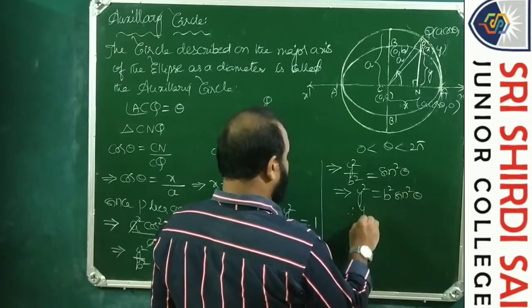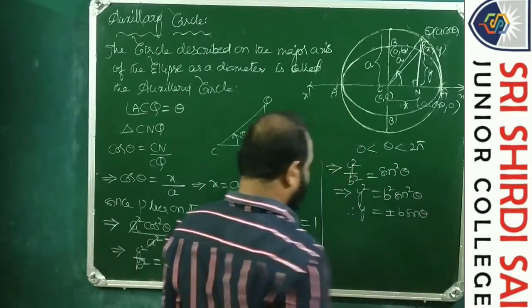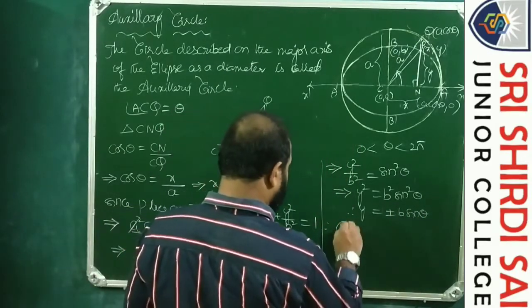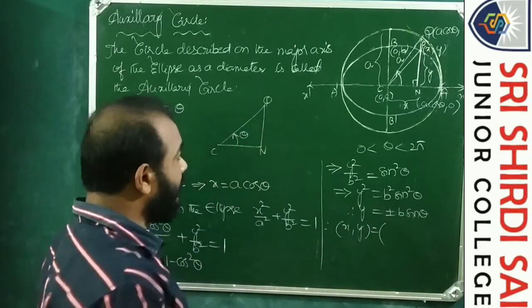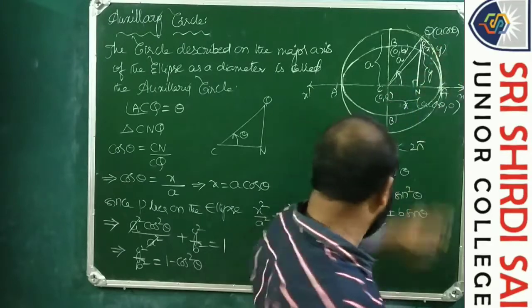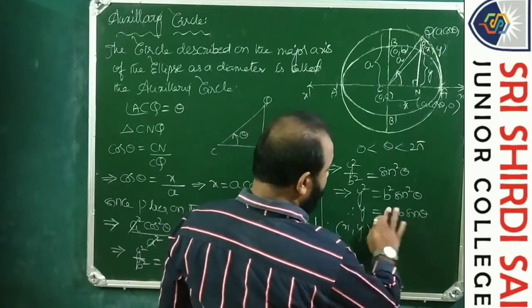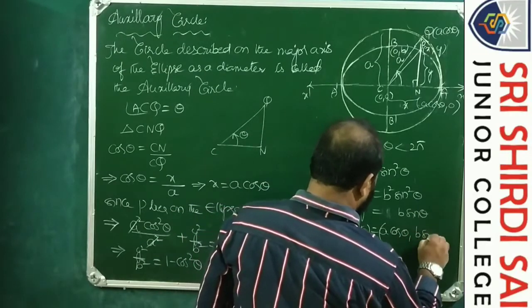Therefore, y is equal to plus or minus B sin theta. Since this is lying in the first quadrant, it is B sin theta only. So x comma y is A cos theta comma B sin theta.